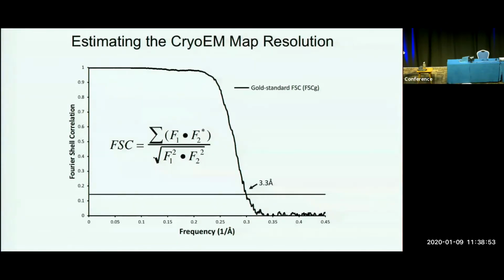When the similarity is high, the maximum number is 1, and when they become dissimilar the number goes down, and at some level they don't recognize each other, equivalent to the phase residual in crystallography getting random phase. That is what Richard Henderson derived with Peter Rosenthal. This 0.143 criterion would be equivalent to a kind of random phase error in the data. That is how we define resolution.